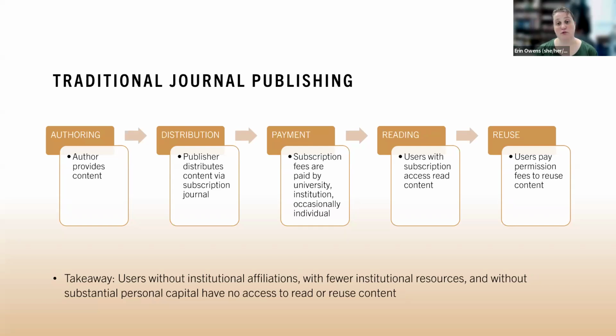And then if users wish to reuse that content again to build on it in future research, they pay permission fees for that content reuse. As we look at this flow, our takeaway should be that a user without institutional affiliation, with fewer institutional resources, or without substantial personal capital would basically have no access to read or reuse the vast majority of research findings.